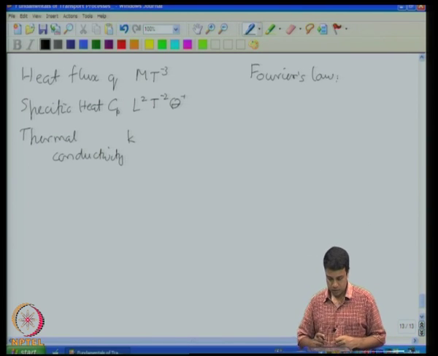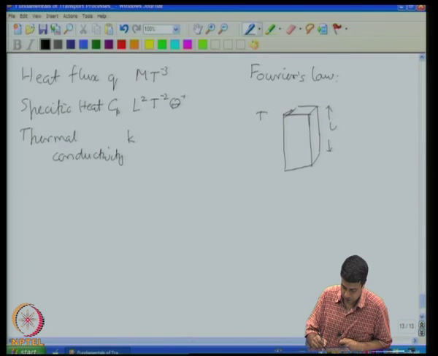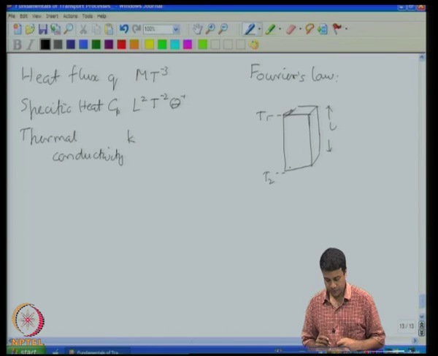Once again, if we have some slab of material of length L, across which I apply a temperature difference, T1 here and T2 here, there is going to be a heat flux through the material.